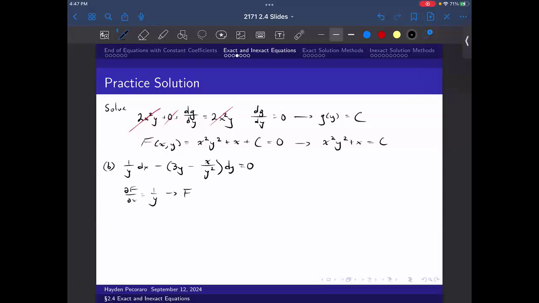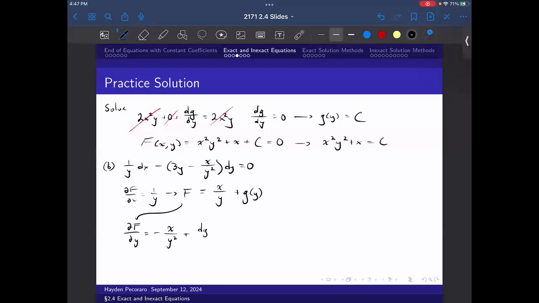That's like taking the antiderivative of 1 or 2, right? x over y plus some function of y here. And now I take the derivative of this with respect to y. Right, and I get, let's see, minus x over y squared.